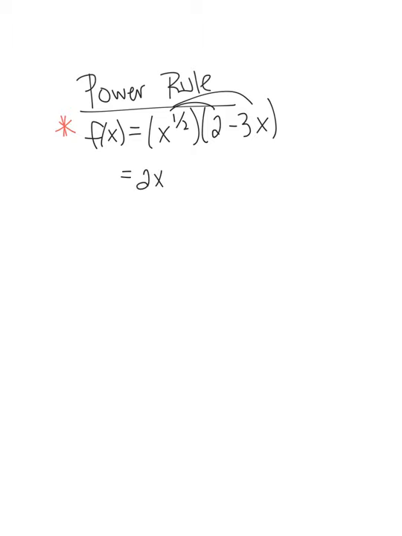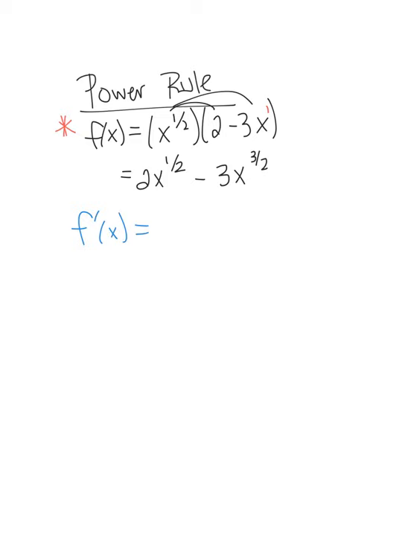So 2x to the 1/2 minus 3x to the 3/2. Just in case you are unclear on how I got that, there is an imaginary 1 here, and when I'm multiplying something with the same base, I add the exponents.